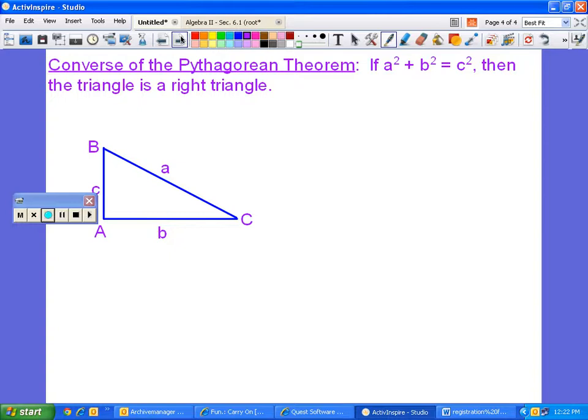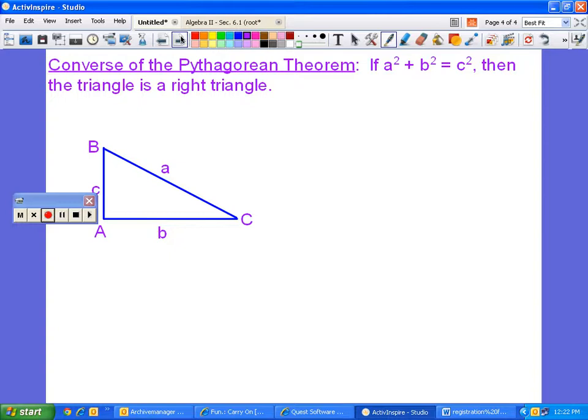So the Pythagorean theorem says that if you have a right triangle, then a squared plus b squared equals c squared. The converse says if you have a squared plus b squared equals c squared, then that triangle is a right triangle.